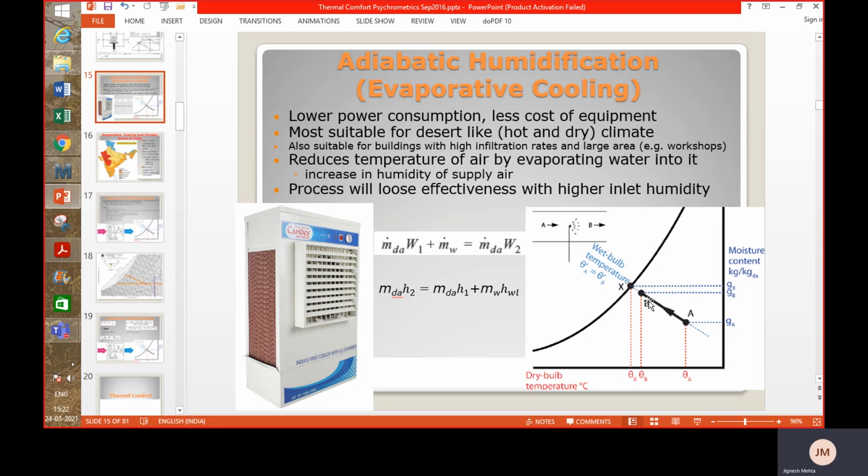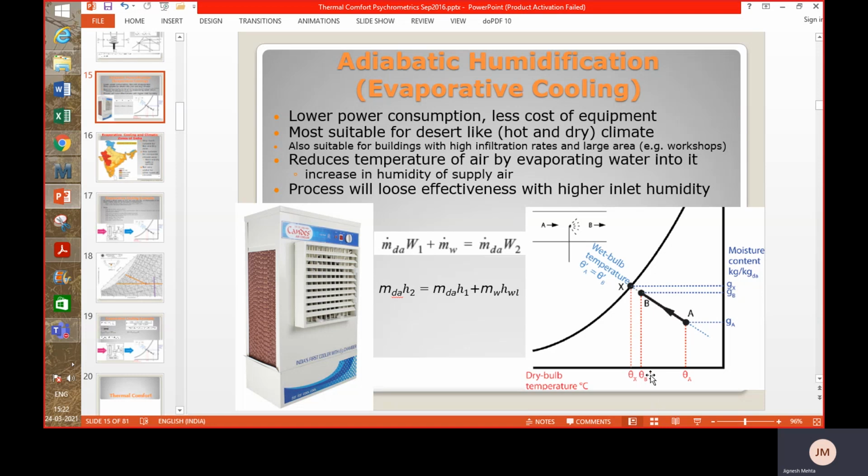Now, if the exposure of air to water is perfect, that is, the contact factor or effectiveness is 100%, in that case, air would come out at point X, which is the wet bulb temperature corresponding to the entry point A.